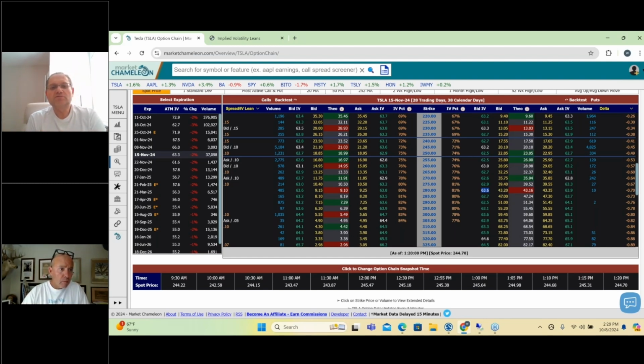So what about a spread? Well, here's Tesla's 244, an out of the money call spread. Here's a lean on the bid, 63.3. Here's a lean on the ask, 11.85.